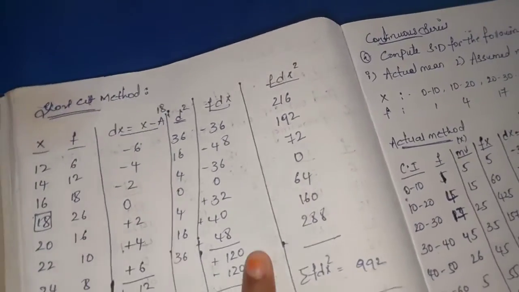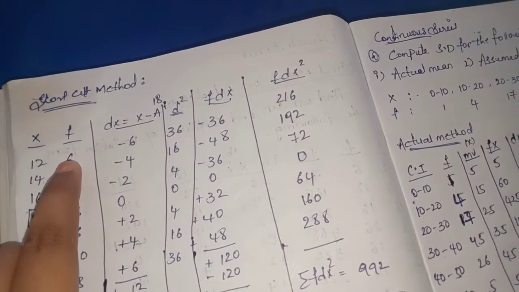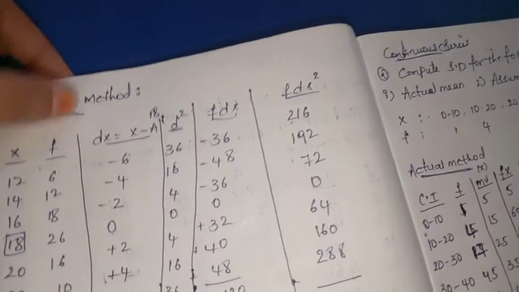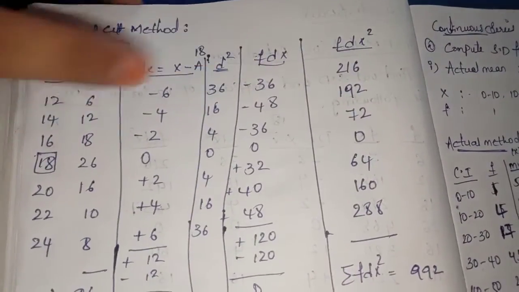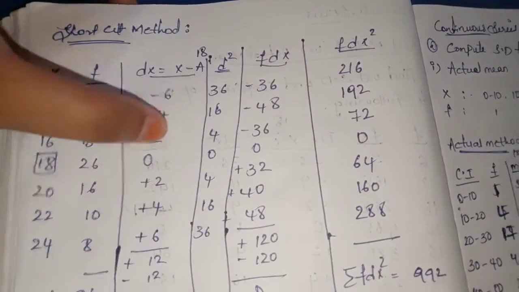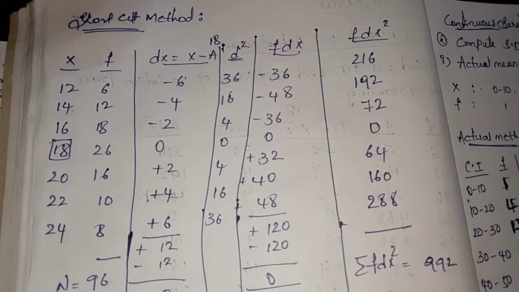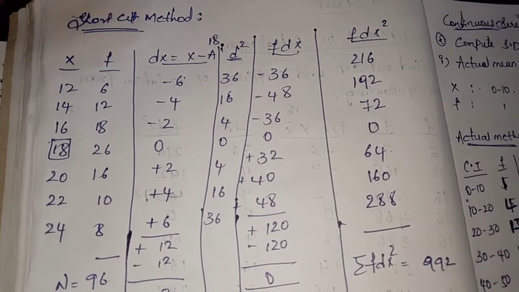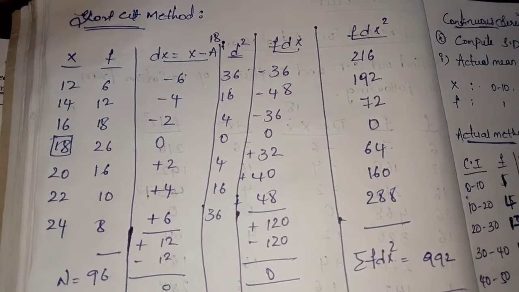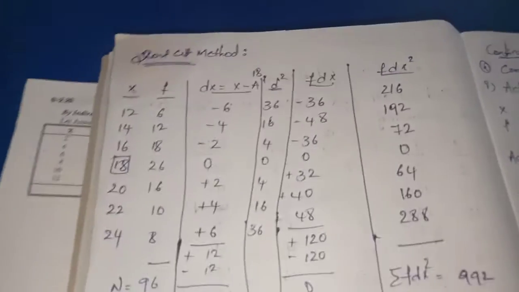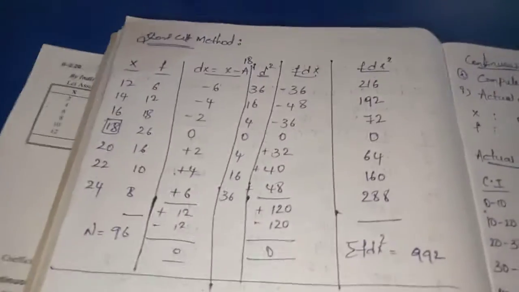Now we have to find out f dx, that is frequency into d values. 6 6s are 36, 12 4s are 48, and 18 2s are 36, 26 into 0 is 0, 16 into 2 is 32, 10 into 4 you will get 40, 8 into 6 is 48, and the total of f dx you will get 0. Now we have to find out f dx square.